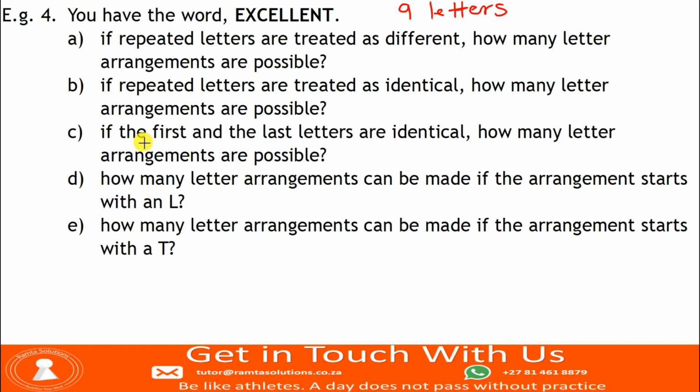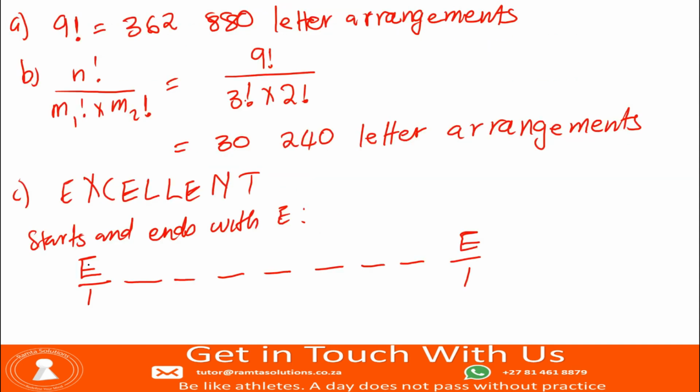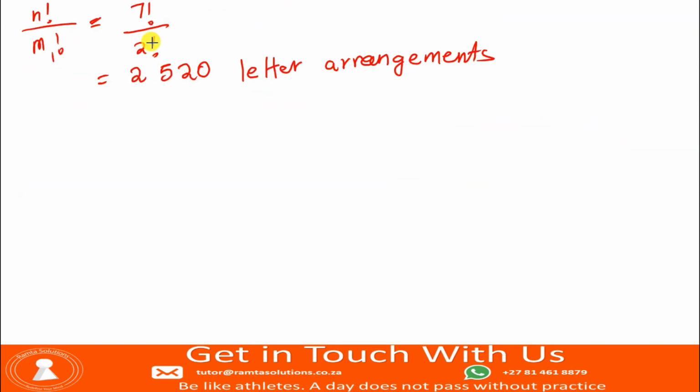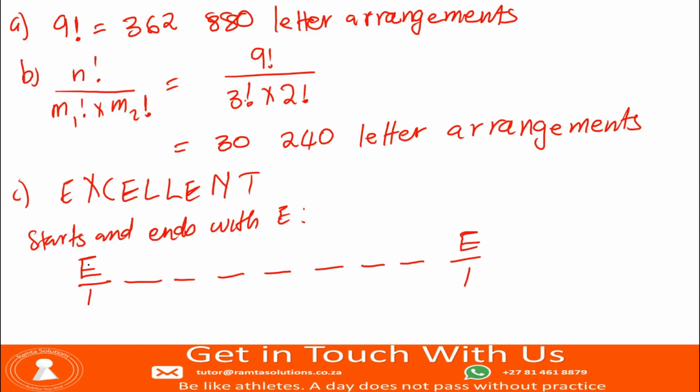Because the L's are identical, it will be 7 factorial over 2 factorial. Hence we say 2,520 letter arrangements. Okay, perfect.